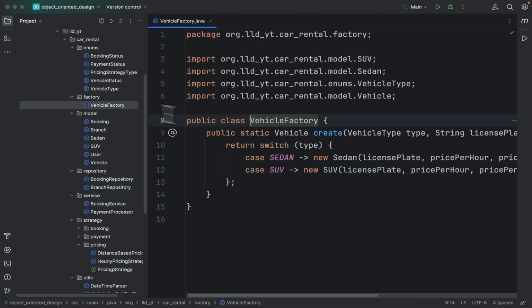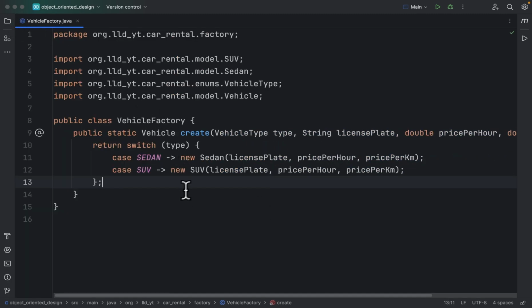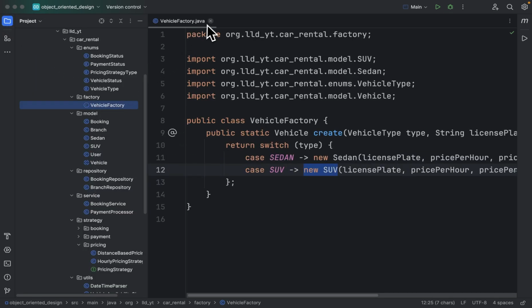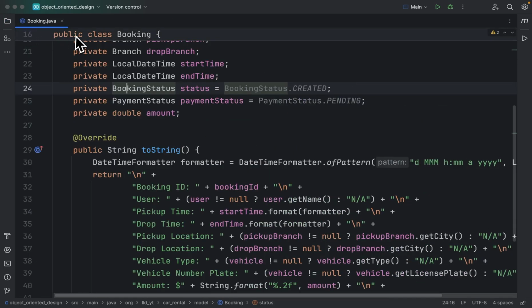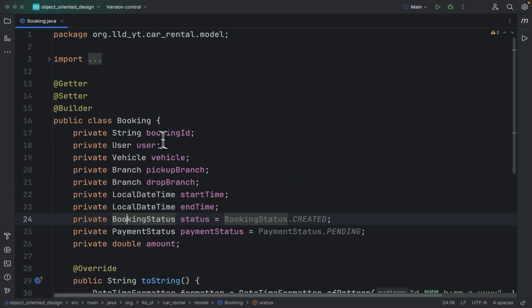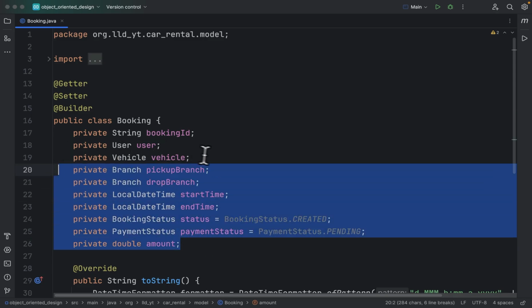Now coming to the factory, we have used the factory design pattern in order to centralize the vehicle creation process so that I can avoid the if else logic in the client class. Then this is the booking class. This booking class will have all the metadata like booking ID, the user who has booked, the vehicle which was booked, the pickup branch, drop branch, and so on and so forth.